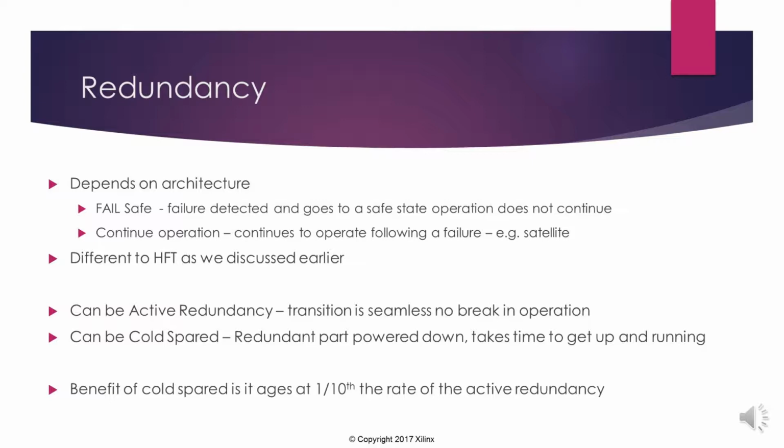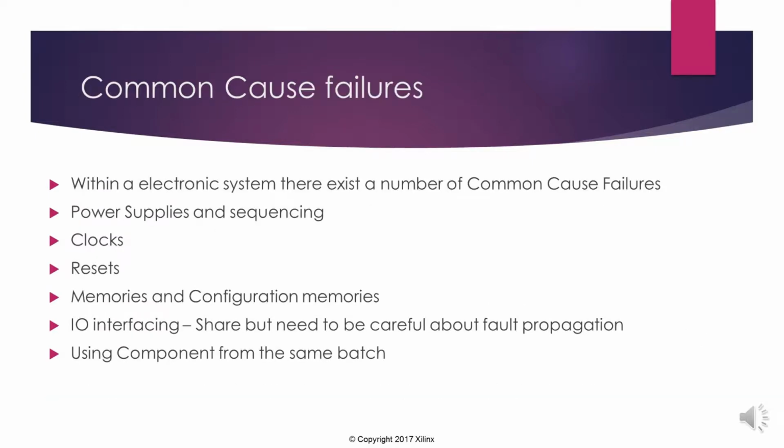And like I said, I've talked about the active and the cold spared redundancy, but one of the benefits I said of cold spared is that it ages at 1/10 of the rate of the active redundancy. So that's very useful in applications which have got a very long lifetime. So if you've got a 15-20 year mission, then you want to ensure that you have got the best redundancy scheme selected. So when it comes to redundancy as well, and for hardware fault tolerance, we need to remove as many common causes of failures as possible.